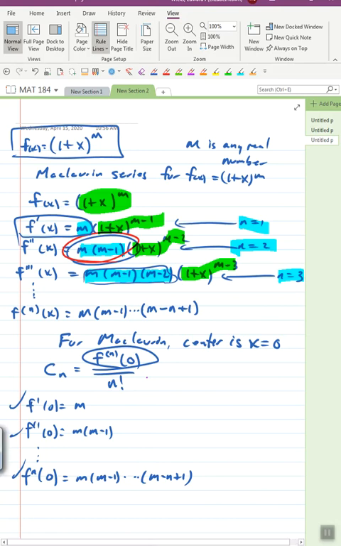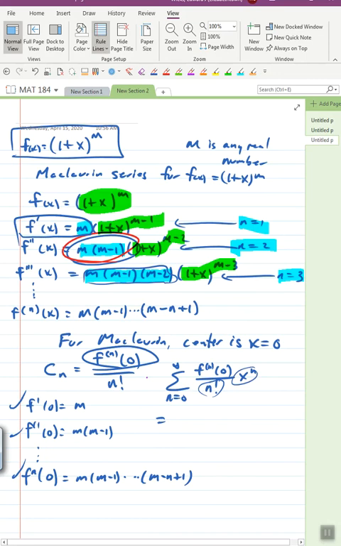Now, by the way, don't forget, when you write out the Taylor series in general for a function, the Taylor series for any function is supposed to be what? N equals 0 to infinity, nth derivative at the center, which in the case of Maclaurin is 0, over n factorial x to the n. Okay, so what is that? Well, the very first one, when n is 0, of course that's 1 and that's 1.